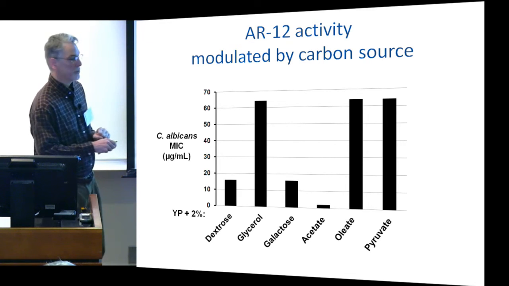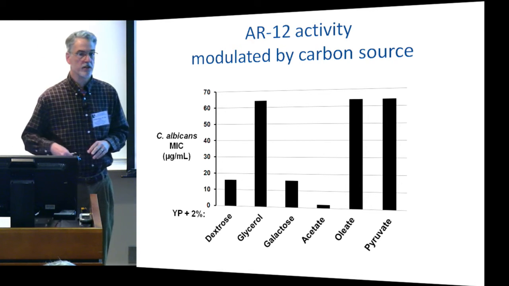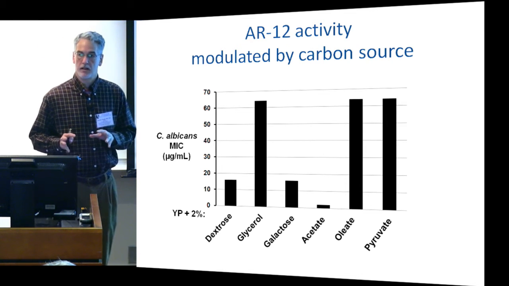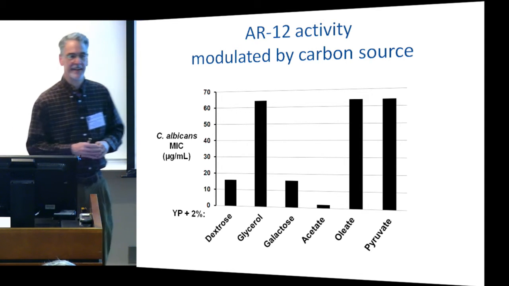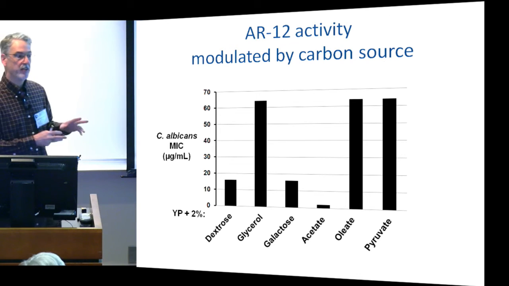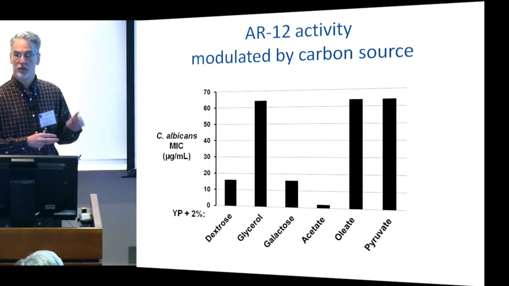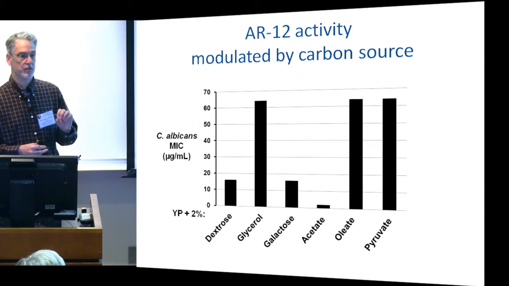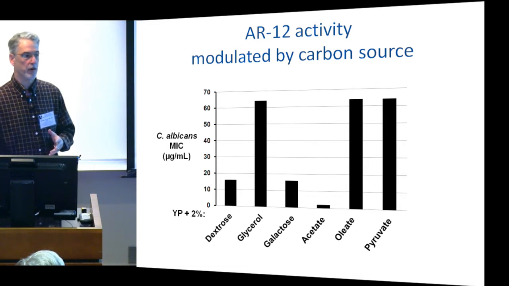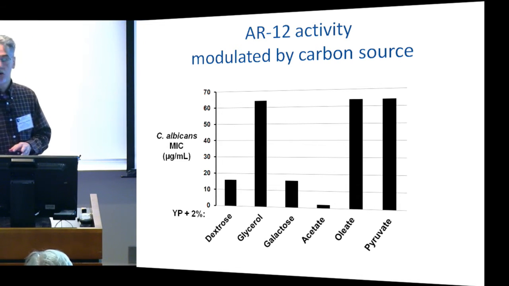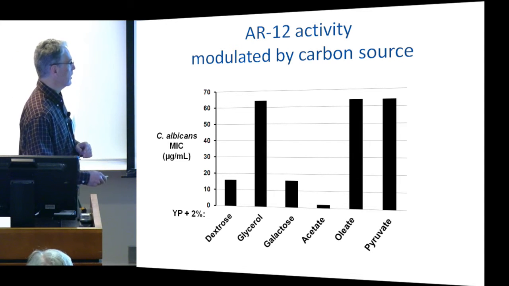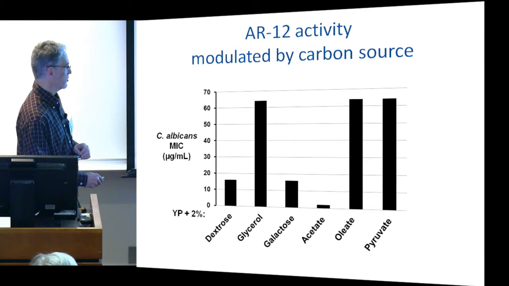And this result pretty much rules that one out, because we saw yesterday that the T2, whatever that drug is, I can't remember the number, that drug, which is targeting the mitochondria, when it was tested in glycerol, the MIC went way, way, way down. And so this is going the other way. So we don't have a mitochondrial poison. Galactose was about the same as dextrose.